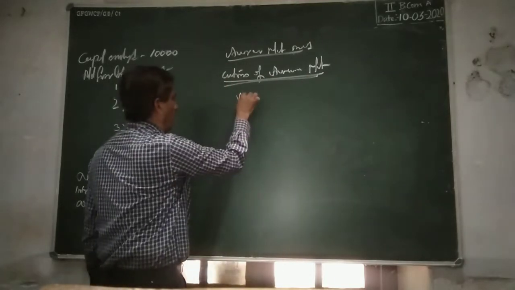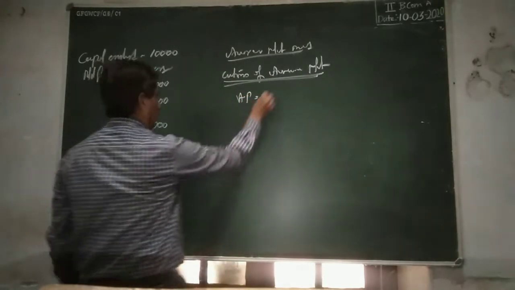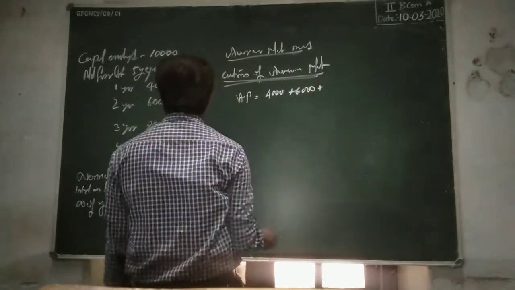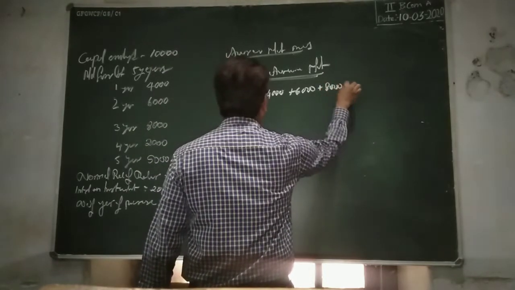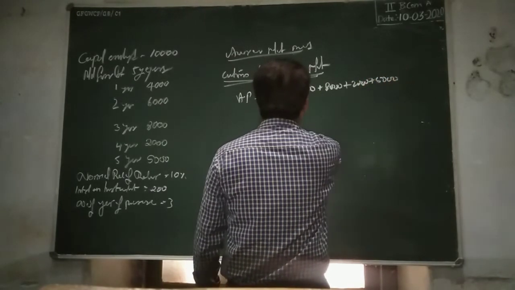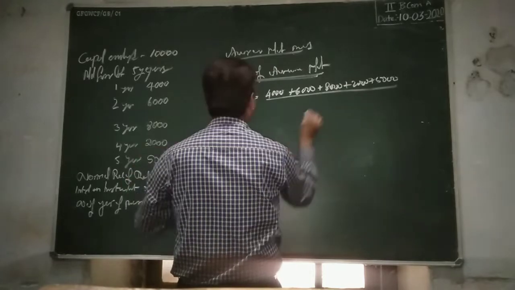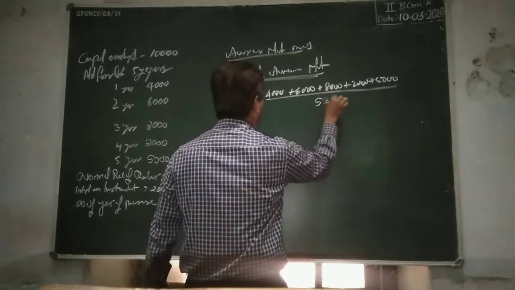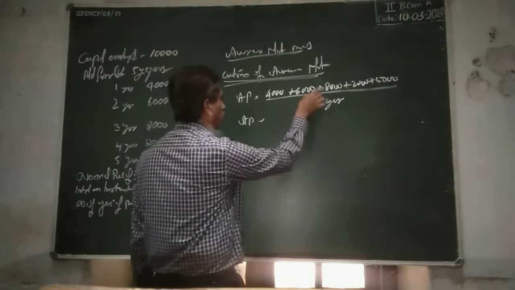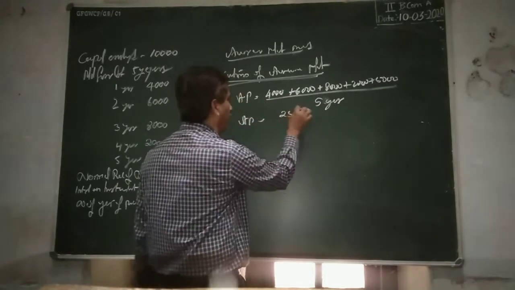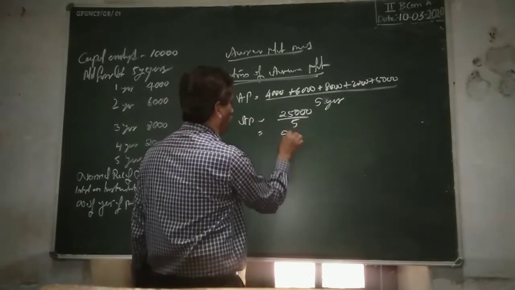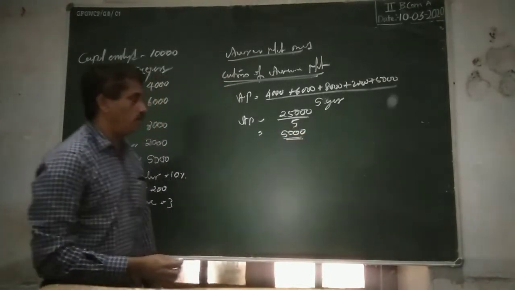Average profit is equal to 4,000 plus 6,000 plus 8,000 plus 2,000 plus 5,000 divided by the number of years, 5 years. The total is 25,000, divided by 5. So average profit is 5,000.